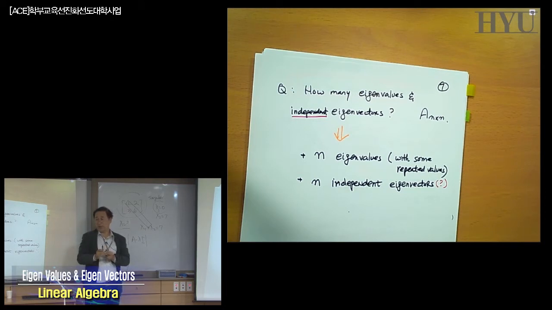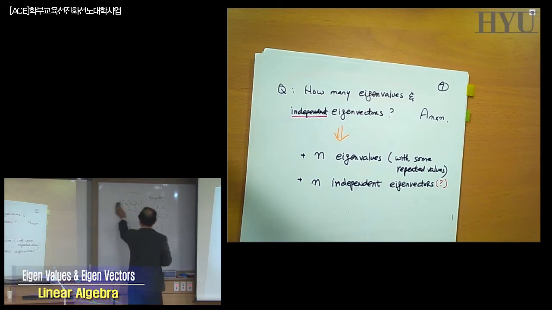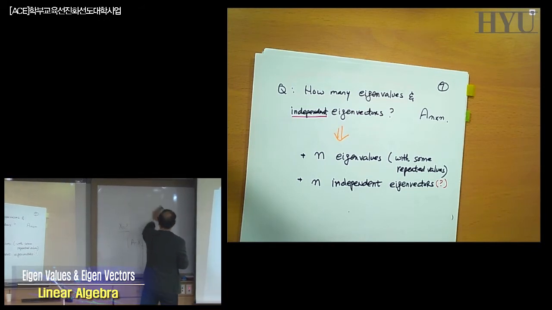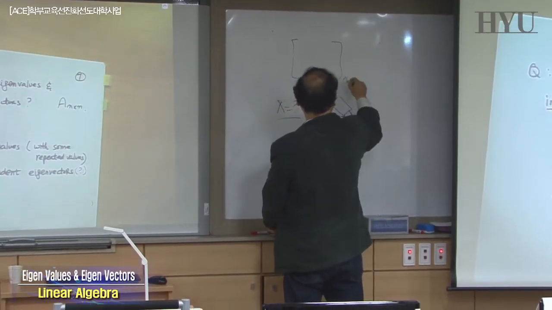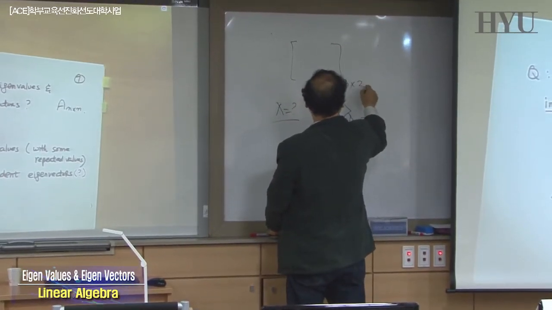So it means we have n eigenvalues, right? But sometimes some eigenvalues are repeated. Let's think about this one. Let's say this is 3 by 3.